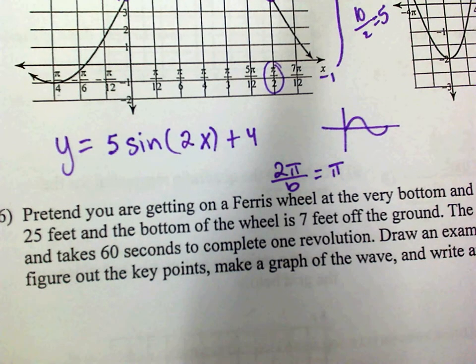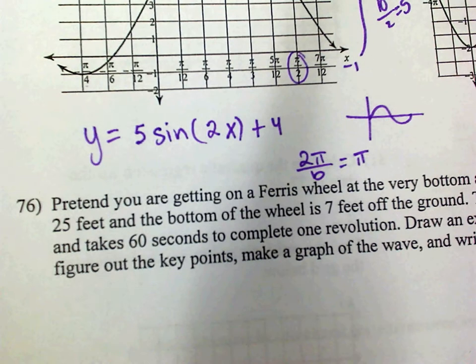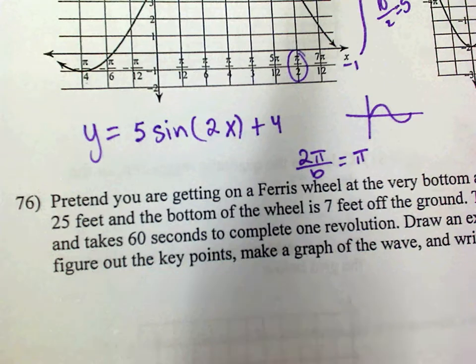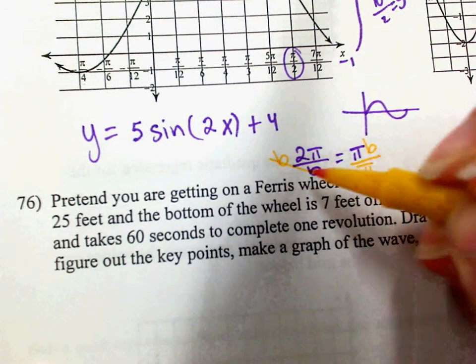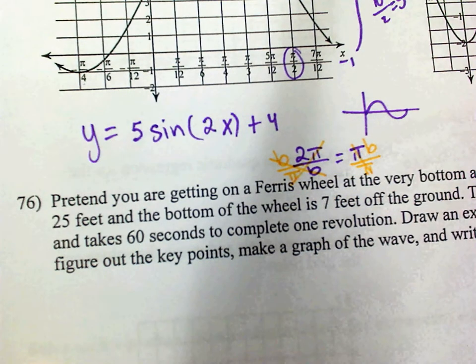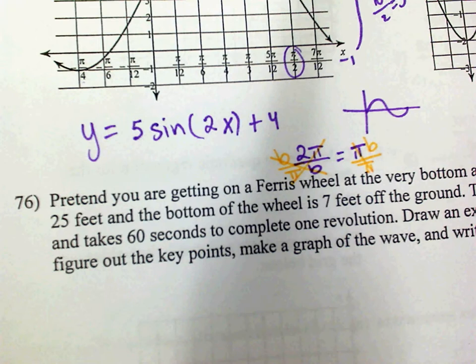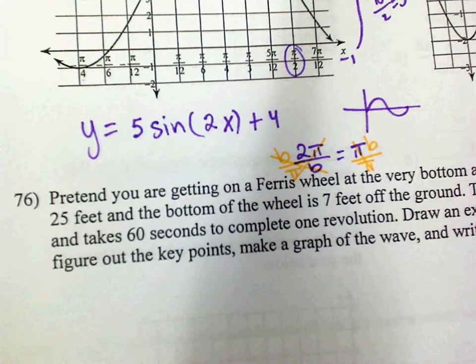So multiply by b, divide by pi. B equals 2. Okay, on 75.